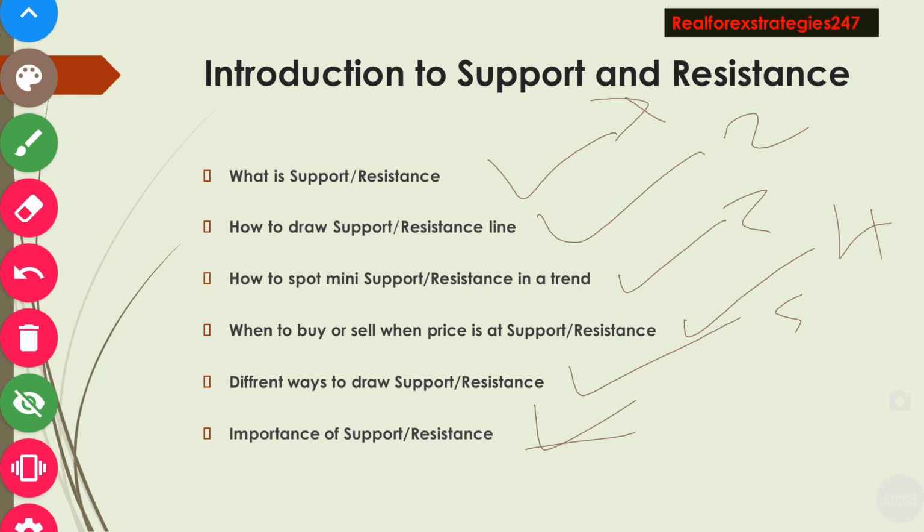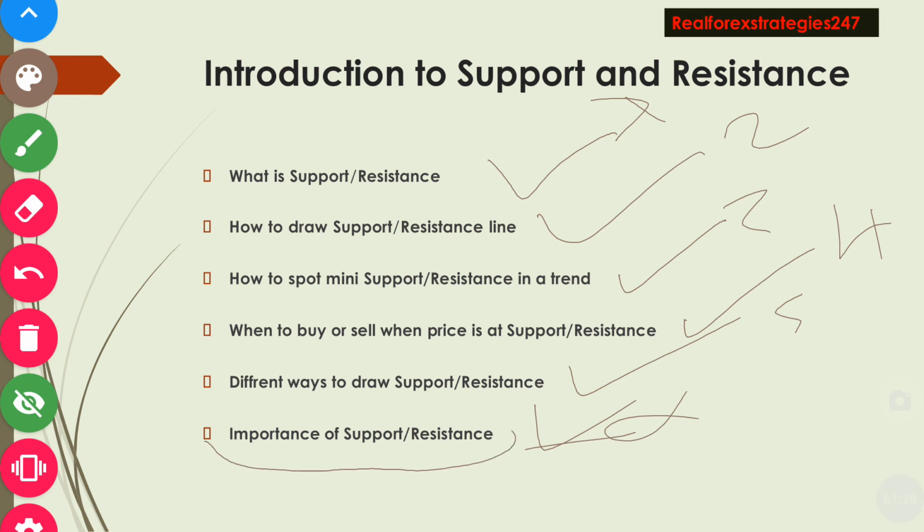We all saw all this, and I made clear that an uptrend line can also be a support, and a downtrend line can also be a major resistance. I think that is all for this class.